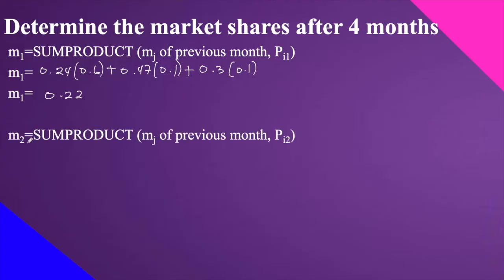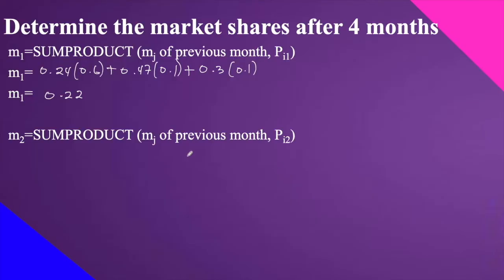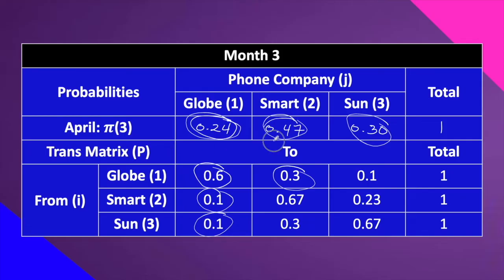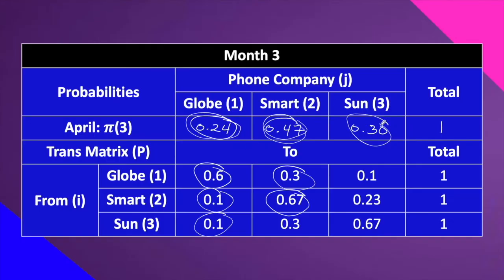Next, let's have it here. Some product for the market share ng Smart, some product of M sub J of previous month, and the P sub I2. Nasaan po yun? P sub I2, itong column na yan. So, 0.24 times 0.3 plus, next, 0.47 times 0.67 plus 0.30 times 0.30.